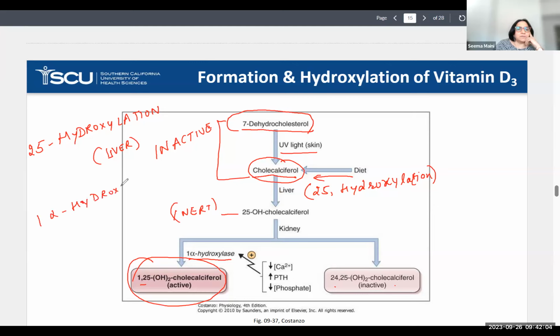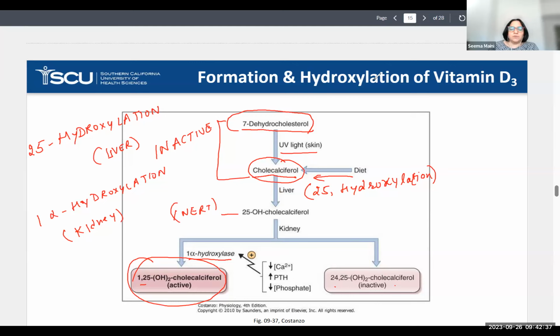In the kidneys. And if a patient has kidney failure, there is decreased activation of vitamin D, and there is deficiency of vitamin D, leading to poor bone health. The inactive form is just removed from the body. It has no physiological function. It's inert. Make sense?